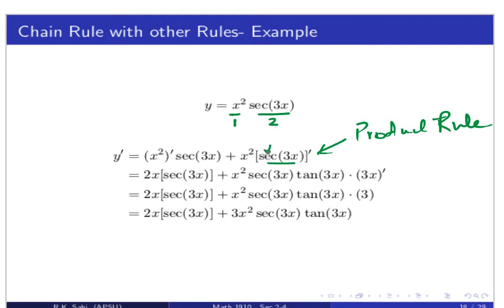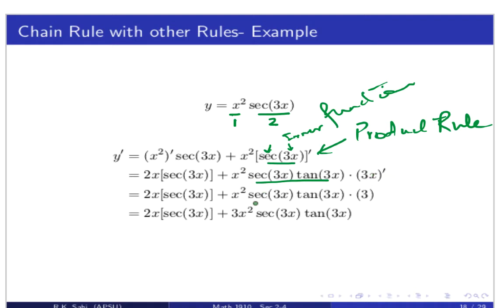Now remember, secant is the outer function and 3x is the inner function. So according to the chain rule, you take the derivative of the outer function, which is secant 3x times tangent 3x, times the derivative of the inner function, which is 3x prime.